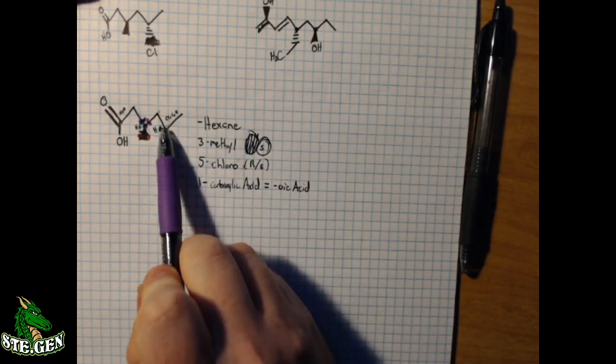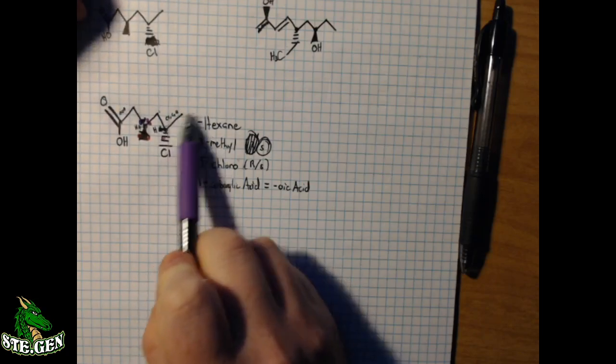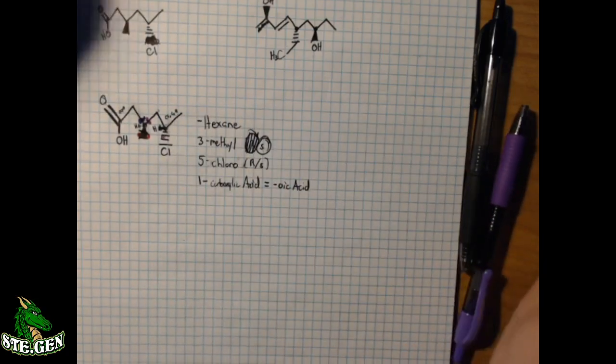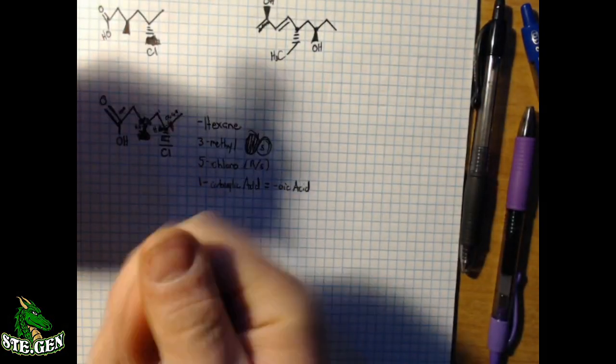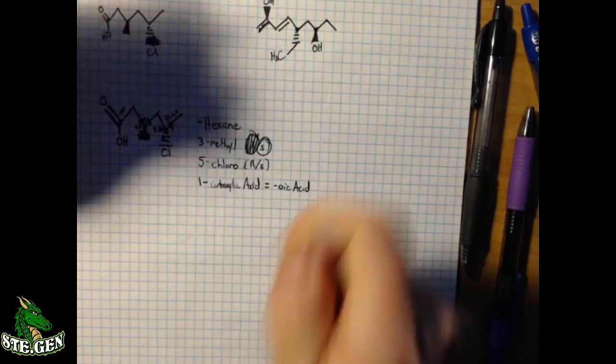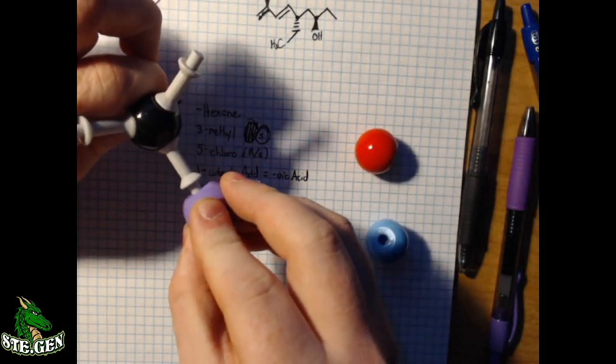So chlorine is going to definitely be our highest priority. Hydrogen is definitely going to be our lowest priority. This here is a methyl, which means it is our next lowest, which means it is going to be red. Okay, hydrogen going to the back. Chlorine coming to the front.